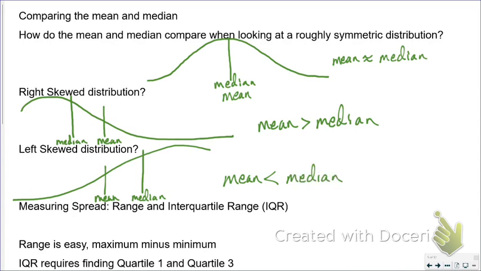I don't know if it's typed on here, but I can tell you the mean is affected by outliers. The median is not.